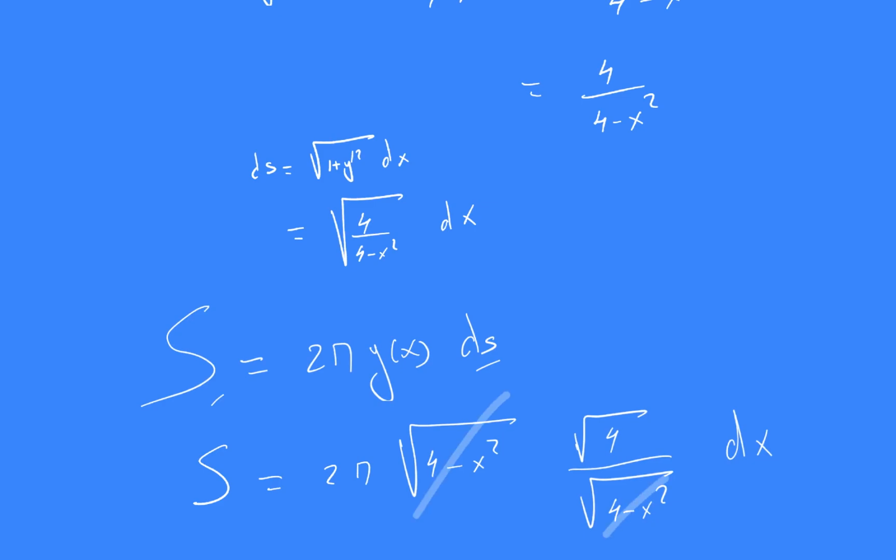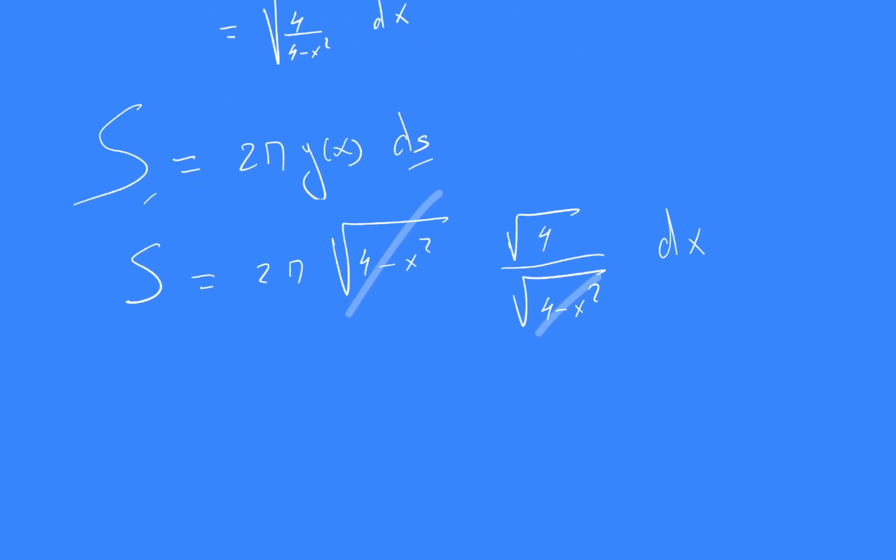So the surface area between -1 and 1 is the integral of this. Sorry, I didn't write the integral from x equal -1 to x equal 1. So it's 2 pi times the integral from x equal -1 to x equal 1 of dx.